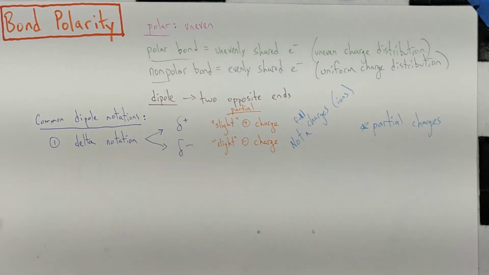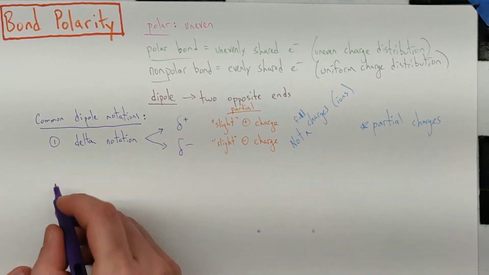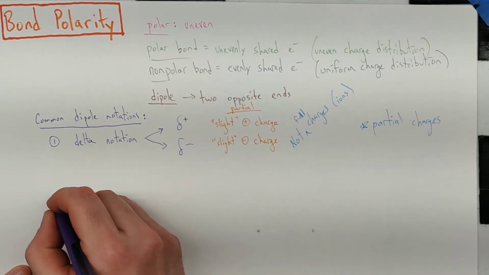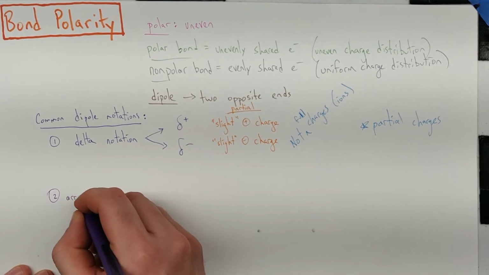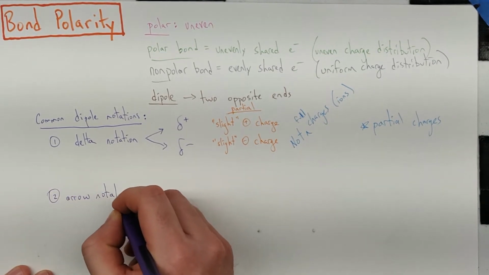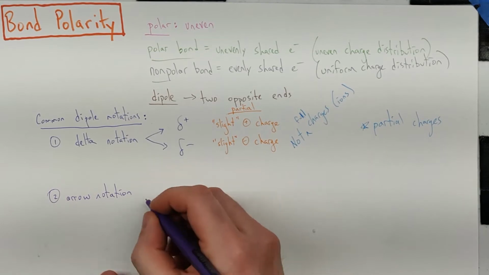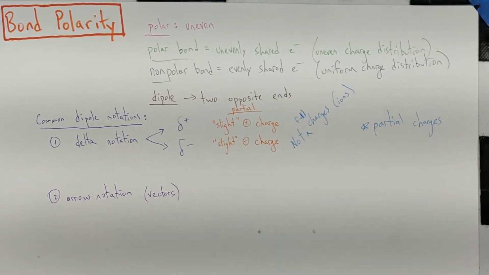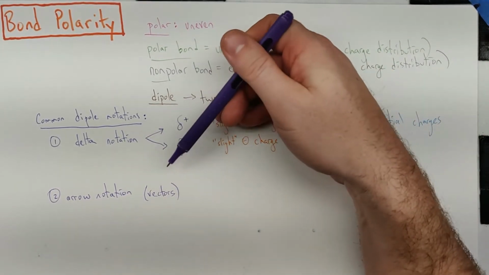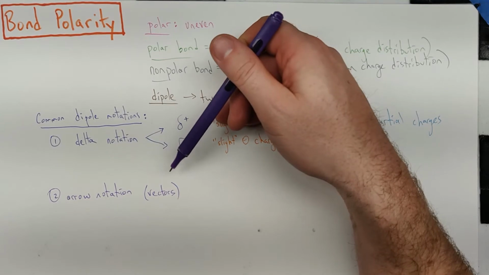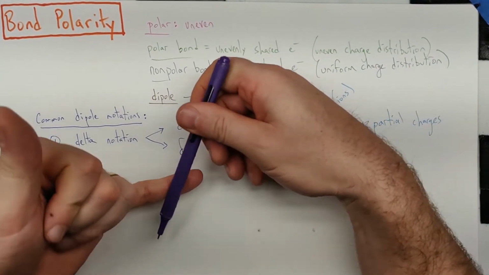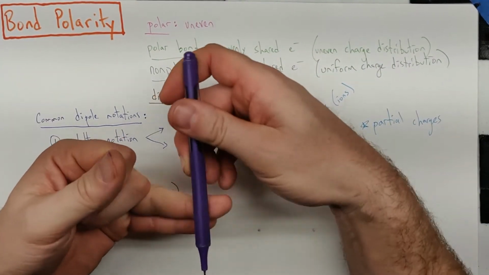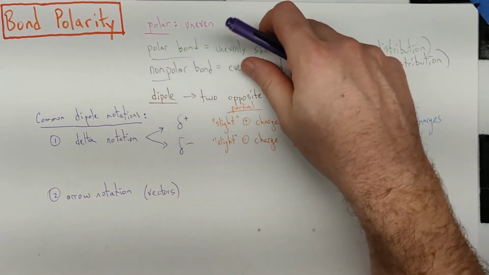The other common way to show it is using arrow notation. Arrow notation uses vectors. And if you've taken a first-year physics class, vectors are things that have magnitude and direction, like 33 miles an hour eastbound would be a vector versus 33 miles an hour would be a scalar quantity.